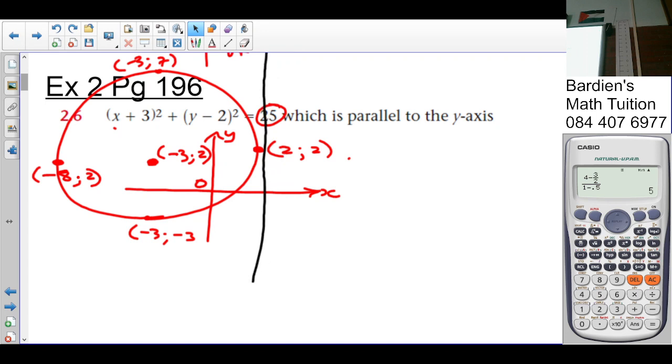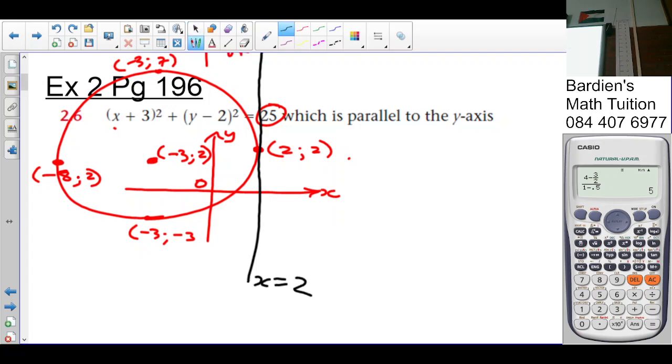So this point had to be a bit higher. But you guys get the idea, no? So what would the equation of that line be? What would the equation of that line be? X is equal to 2. Again, if you take this line here, it was a tangent at this point.